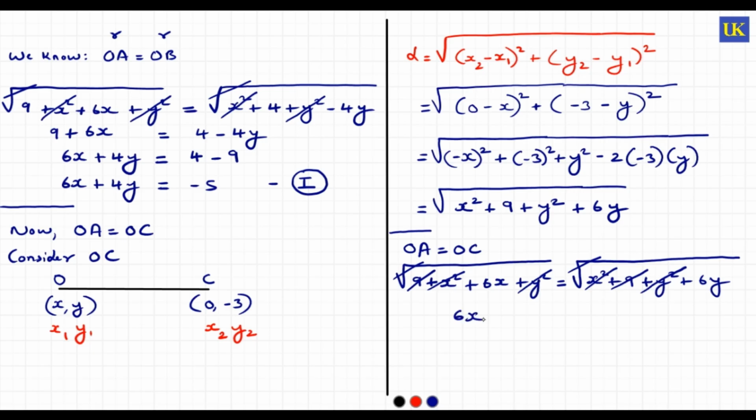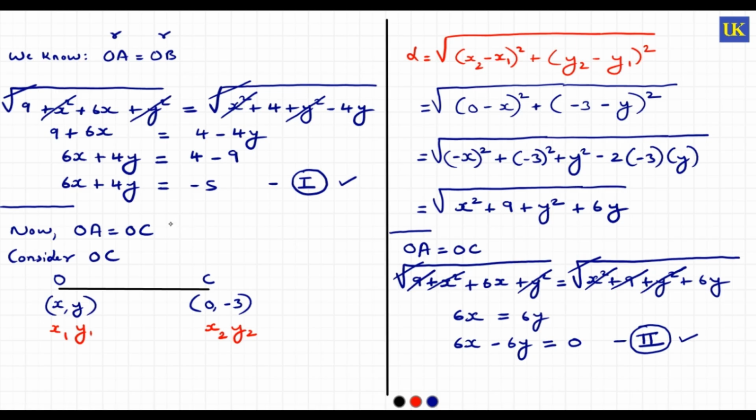So here we are left with plus 6x is equal to 6y. I'll send 6y this side, so plus will become minus: 6x minus 6y, and on the right hand side nothing is there, means 0. We will take this as Roman number 2, guys, because now we will take Roman number 1 and Roman number 2 and equate these two things.